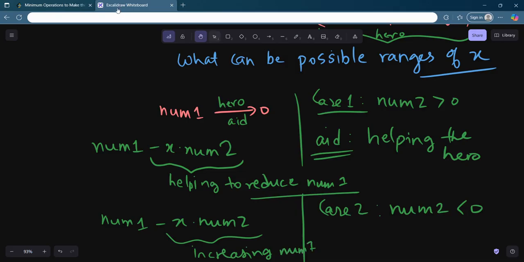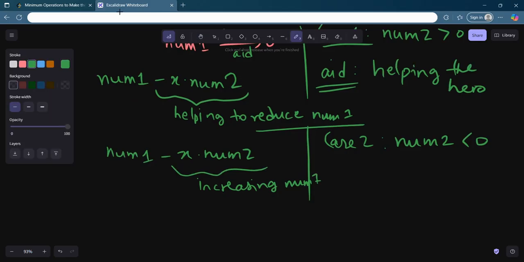So it is sort of anti-aiding. So what I can write is that this aid is now an anti-helping type of thing. It is not helping you, it is going against you.